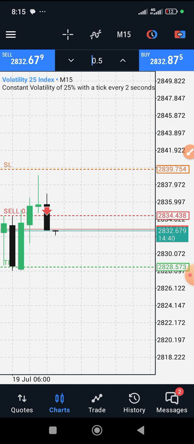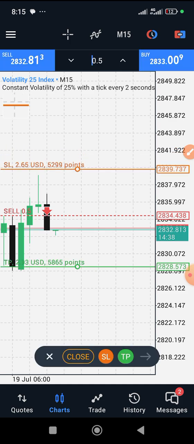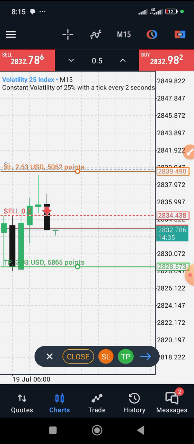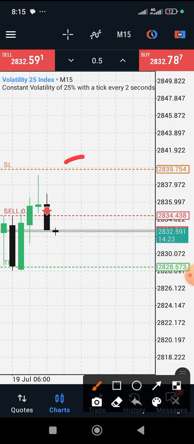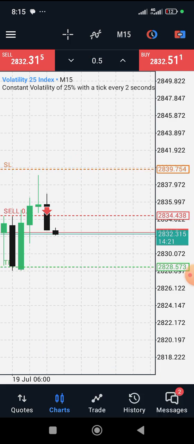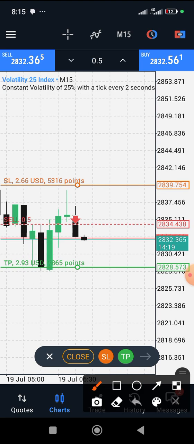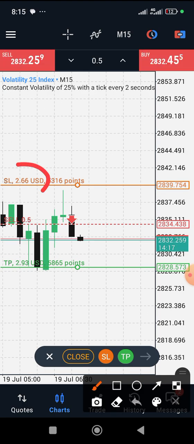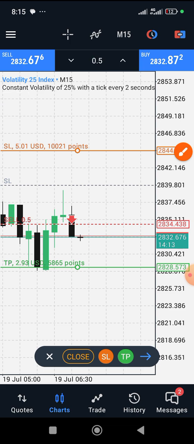So I'll simply put my stop loss here, so that I'm deciding what loss I am ready to sustain. Stop loss gives you the ability to determine the loss you want to sustain. If I put my stop loss here, I'm saying I'm willing to lose 2.66 USD. But if I put my stop loss here, I'm saying I'm willing to lose 5.01 USD.